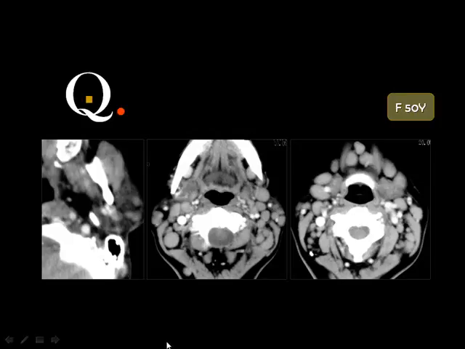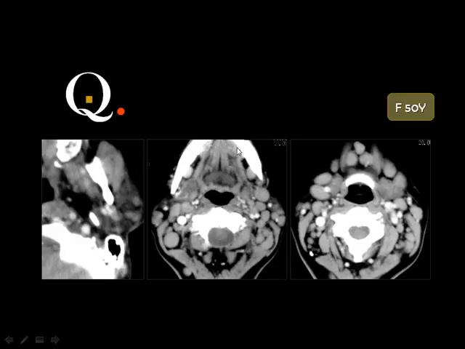There are three major sites for lymph nodes in the neck. The first one is the group below the chin of the mandible, which is known as the submental group of lymph nodes, and the group related to the submandibular salivary gland, which is known as the submandibular group, and the last group lies deep to the sternocleidomastoid muscle. This is known as the deep cervical lymph nodes.